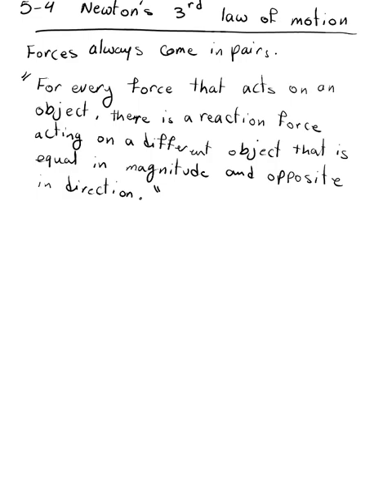In somewhat more specific form, we can say that if object 1 exerts a force F on object 2, so let's say this is box 1 and this is box 2, if object 1 exerts this force F on box 2, then object 2 exerts a force negative F on object 1, which is exactly equal but in opposite direction.